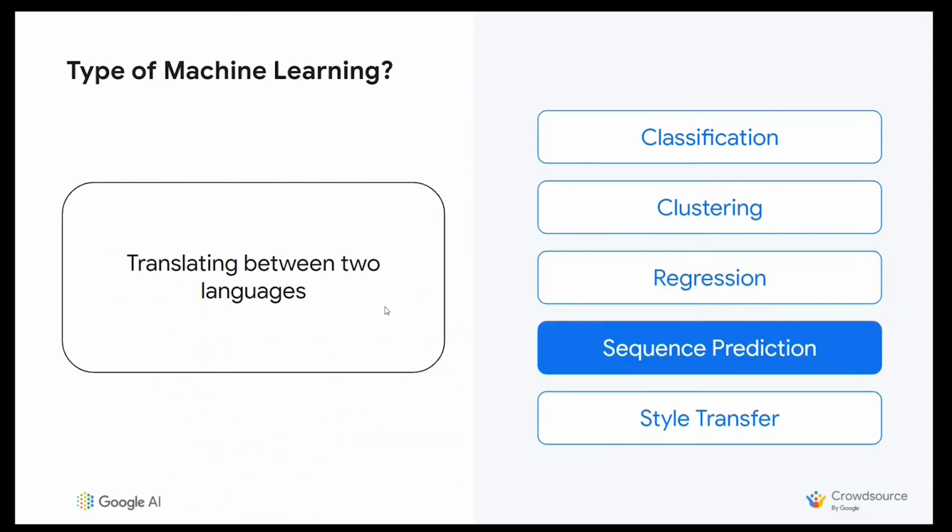Translating between two languages is sequence prediction. Does anybody want to give an answer for why it might be sequence prediction? No problem. It is sequence prediction because we are trying to transfer the meaning of a particular sentence to another sentence.